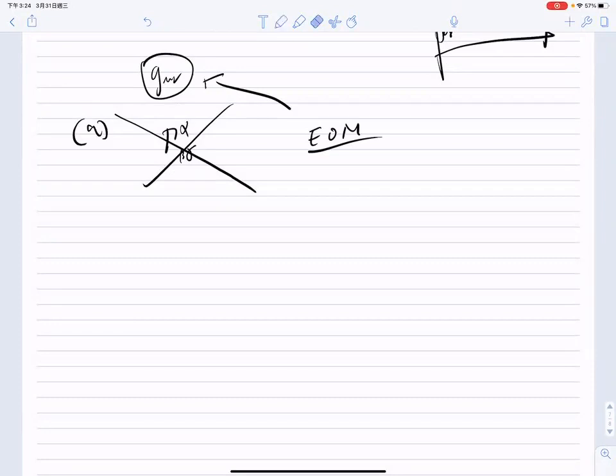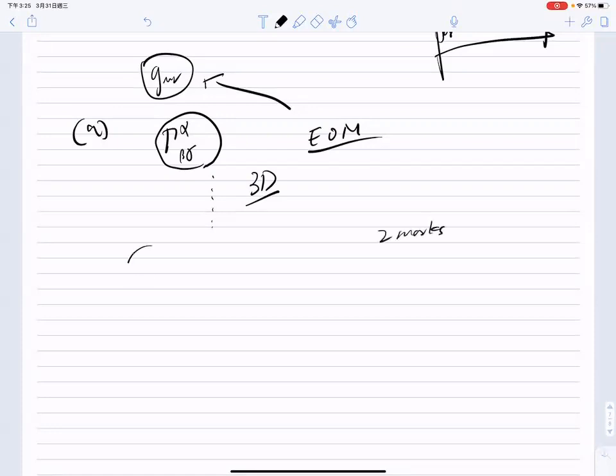According to your previous knowledge, you have to calculate all the Christoffel symbols, but the marking scheme would not count the marks when you calculate the Christoffel symbol. After you find all the Christoffel symbols in 3D space, you spend half an hour to do all of it, and then you just get 2 marks for getting the geodesic equation.